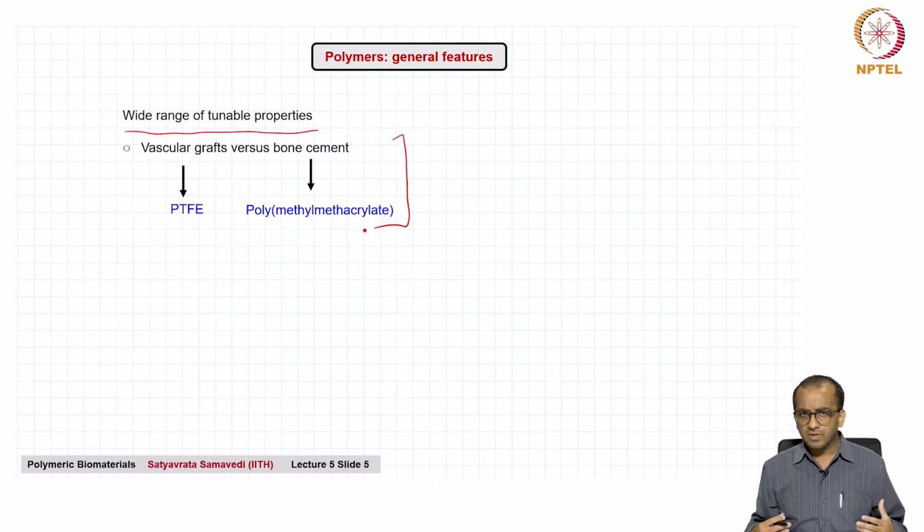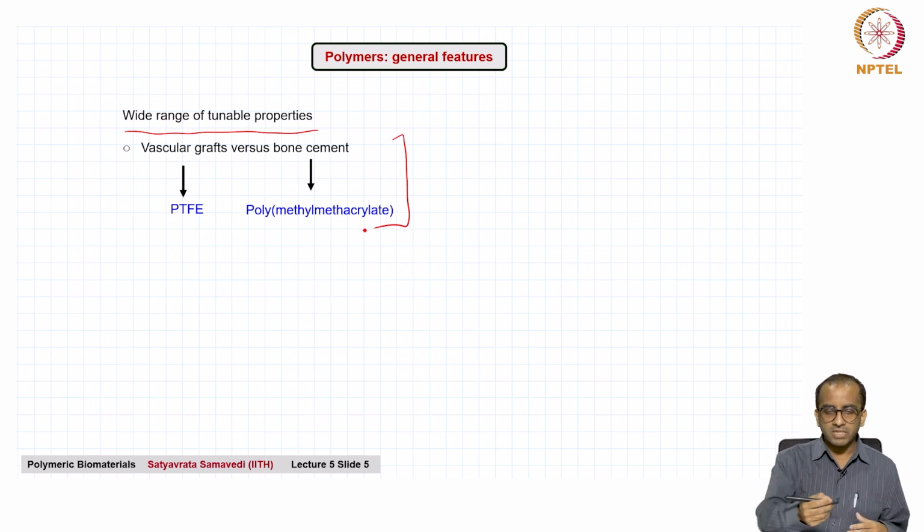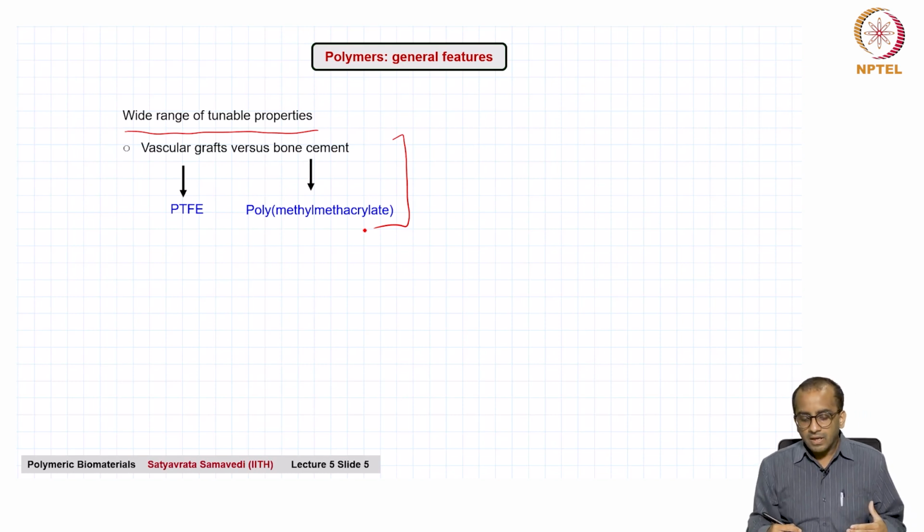Two very different polymers, two very different materials, both of them are polymers. PTFE is polytetrafluoroethylene, and polymethyl methacrylate is plexiglass, as we saw in a previous lecture. These are very different materials with very different properties, but they are both polymers.